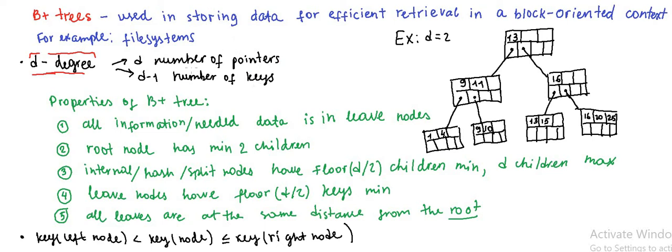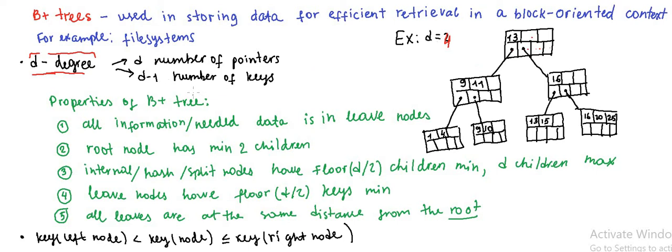So at each node we have D pointers, not more, and D minus 1 keys. Here in the example you can see that the degree is equal to 4, and we have 3 keys, D minus 1 keys, and 4 pointers, D pointers.